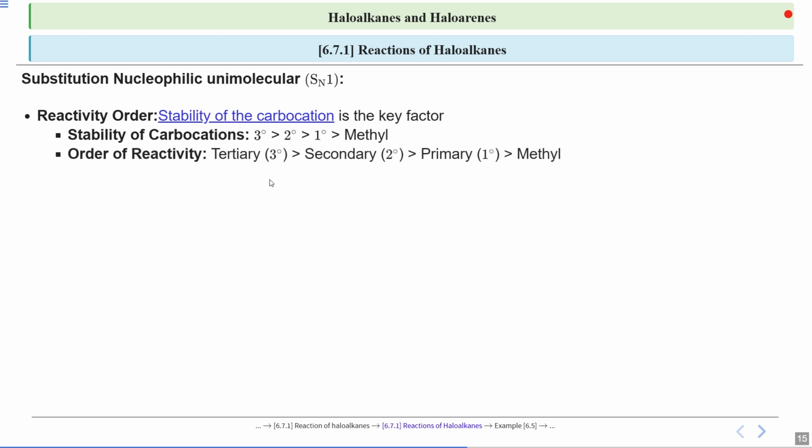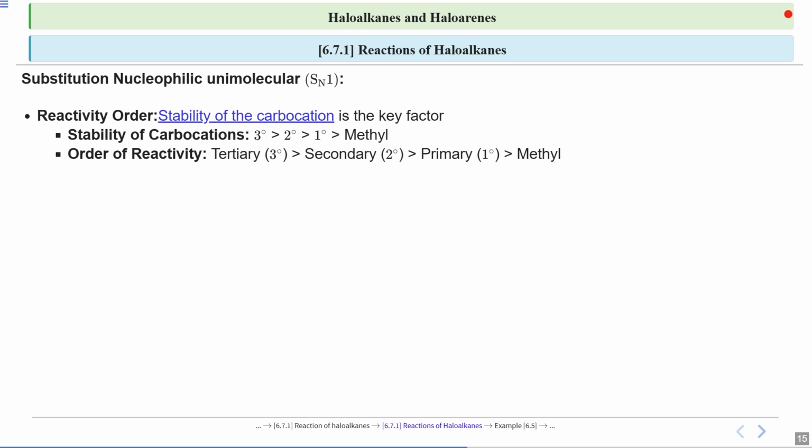The order of reactivity will be similar: tertiary will have the highest reactivity, then secondary, then primary, and then methyl. The order of reactivity is similar to the order of stability of carbocations, because the first step of the SN1 reaction involves the formation of a carbocation.